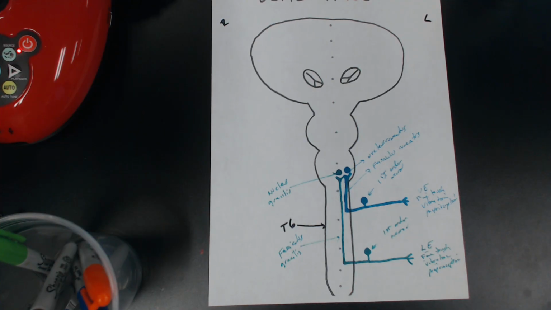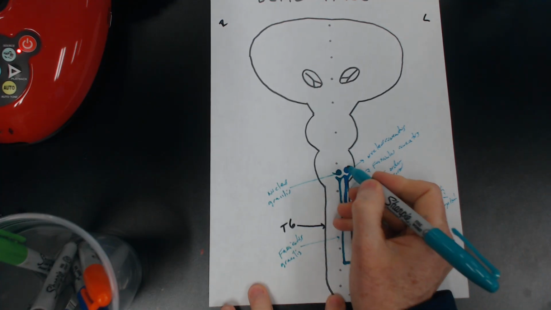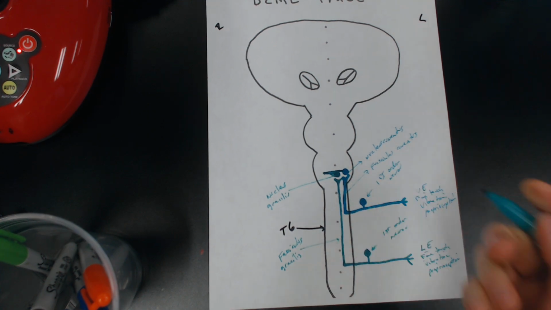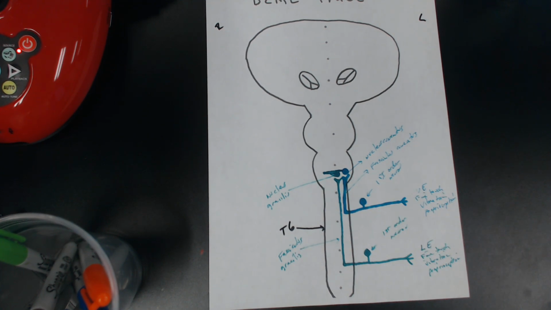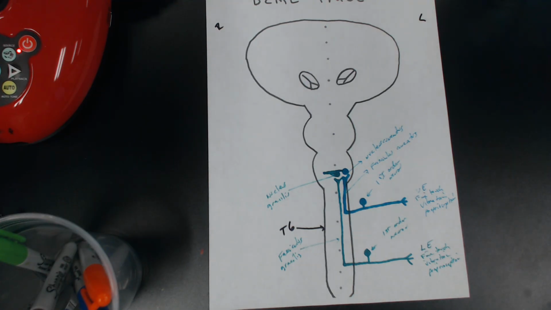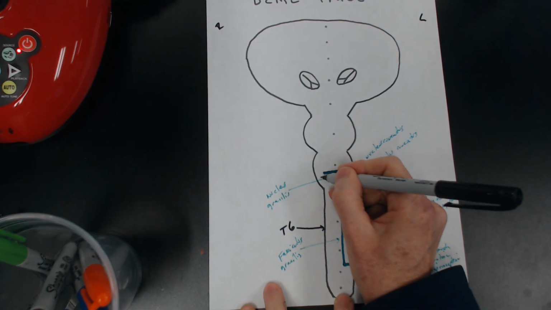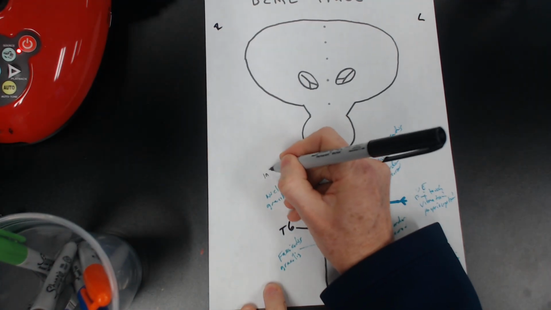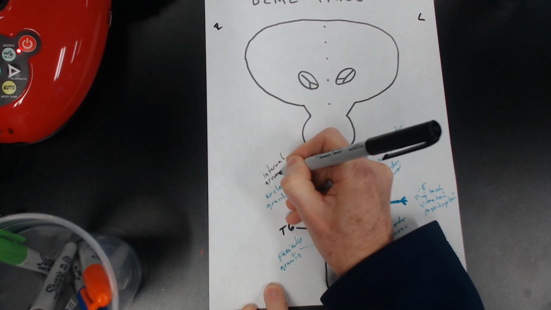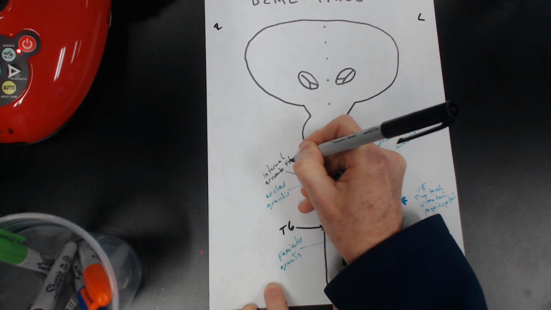And your second order neuron goes and decussates, so it sends out axons to the opposite side. Those axons decussate, and when they decussate, they have a special name. Does anybody remember the special name of the axons as they decussate? Yeah, those are the internal arcuate fibers.